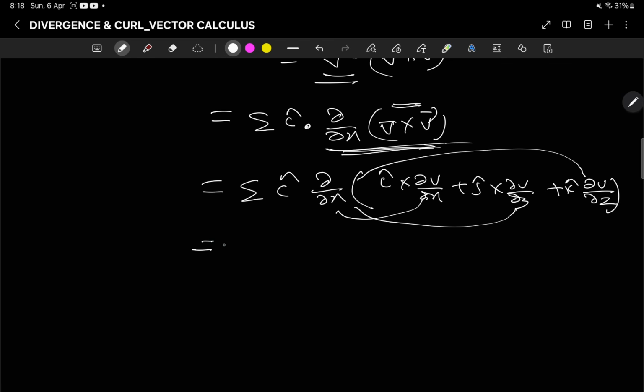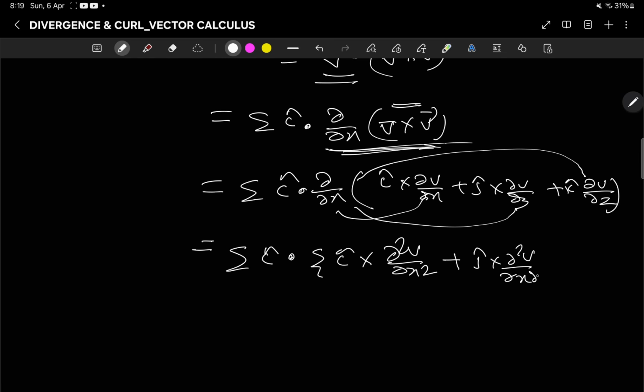So this is equal to summation of i cap dot, here, i cap cross del square v by del x square plus j cap cross del square v by del x del y plus k cap cross del square v by del x del z.